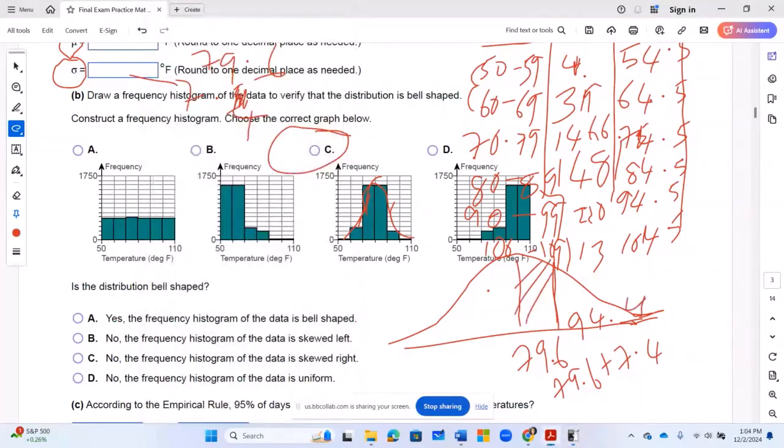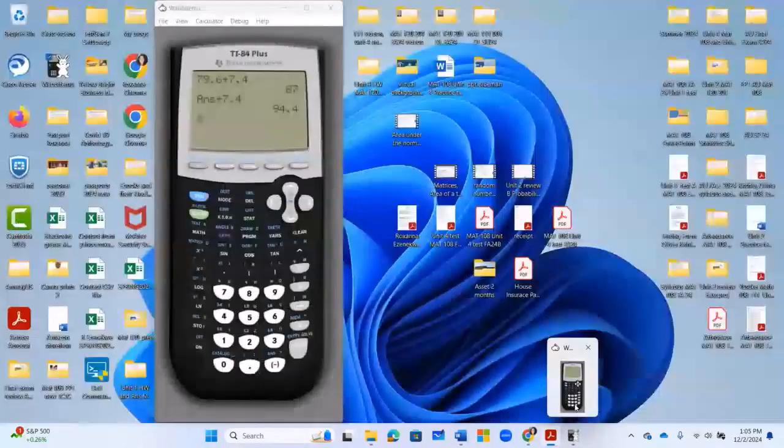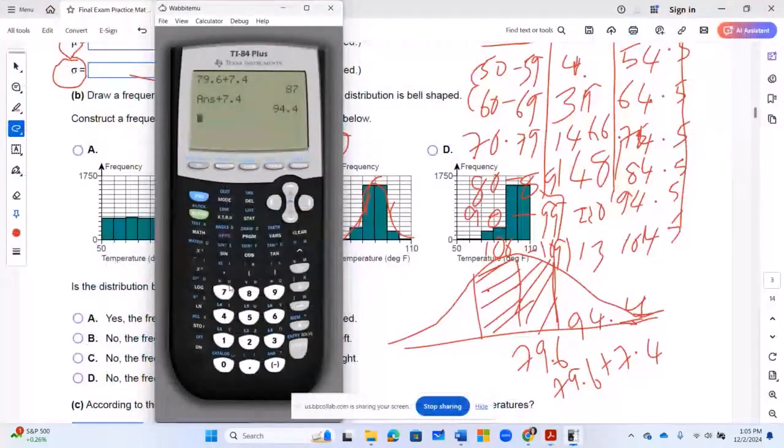There's another region on the left-hand side because I'm asked plus or minus. So I will subtract 2 standard deviations from the mean. I will do it together now: 79.6 minus 2 times 7.4.